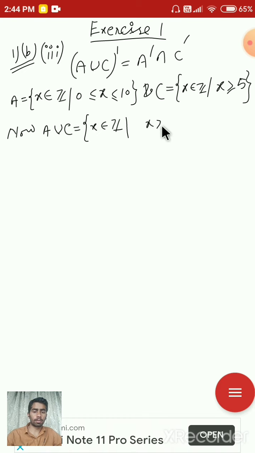x greater than or equal to 0, because by the definition of union, A union C will contain the elements of either A or C. That is, the elements from 0 to 5 are in A, and after that the elements greater than or equal to 5 are in C, and therefore the elements which are greater than or equal to 0 will be in the union.